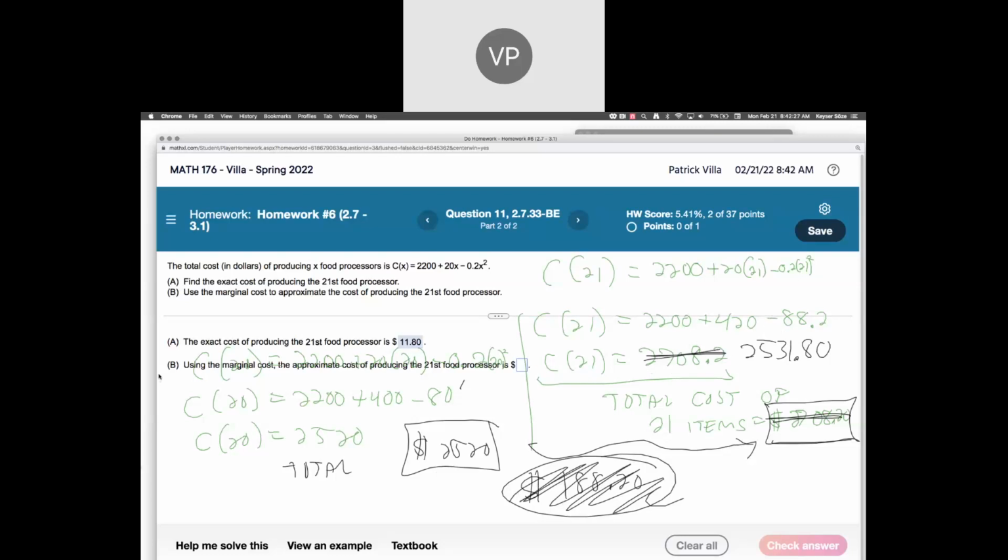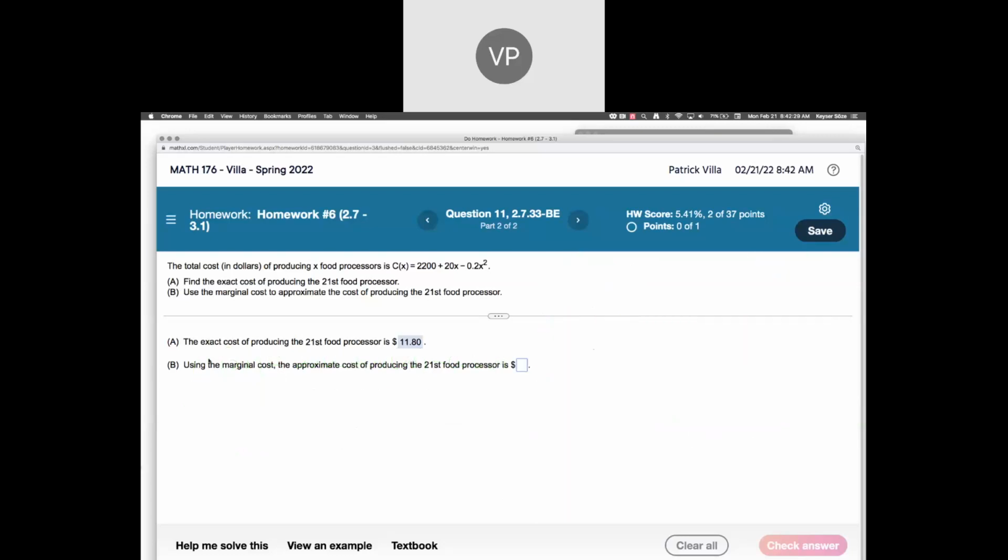All right, so now that we have that, now they want you to use the marginal cost to approximate, and remember how that works. To approximate with the marginal, we need to say, okay, marginal means derivative of the cost function. So here's my cost function right here: 2200 plus 20x minus 0.2x squared.